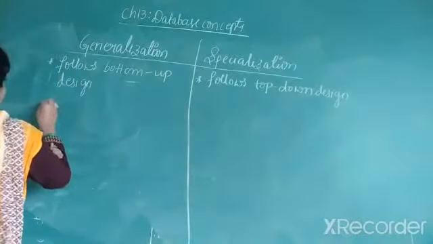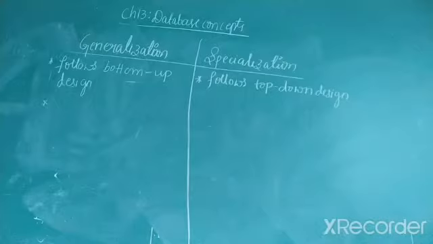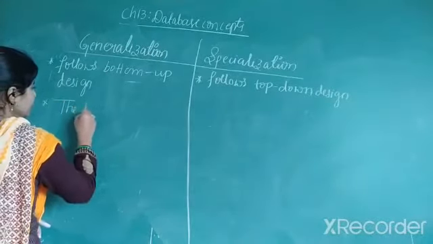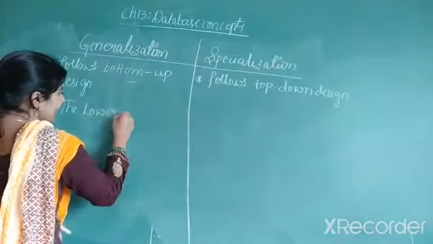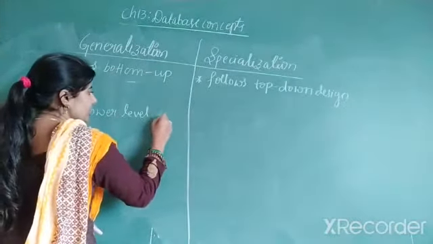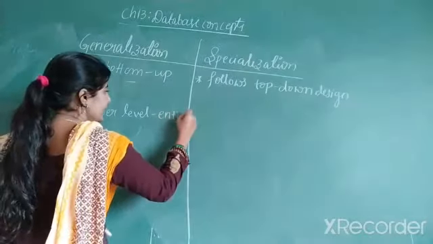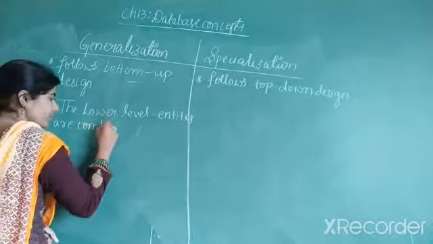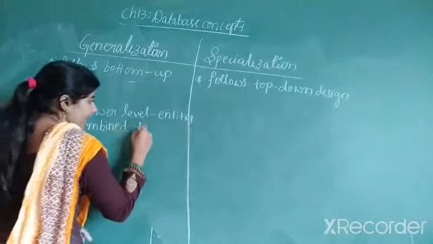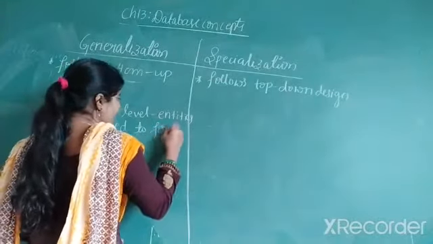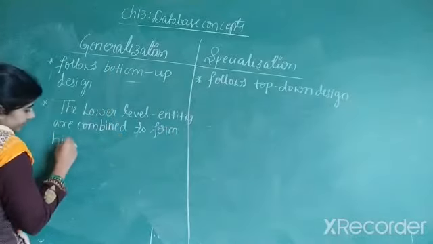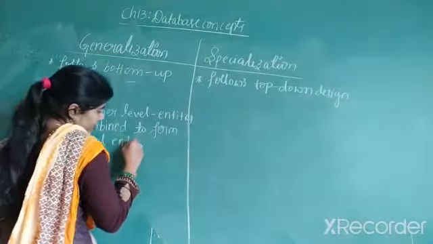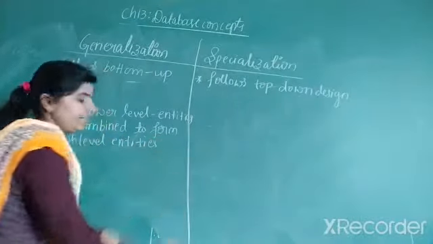And the second one is, in case of generalization, the lower level entities are combined to form higher level entities.